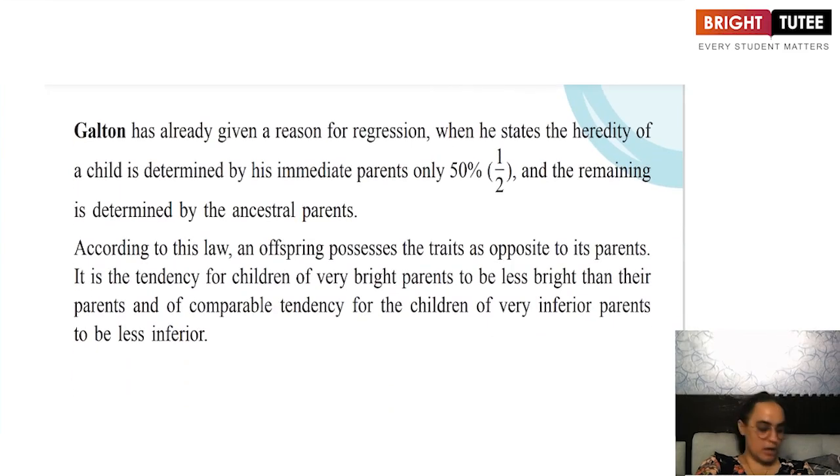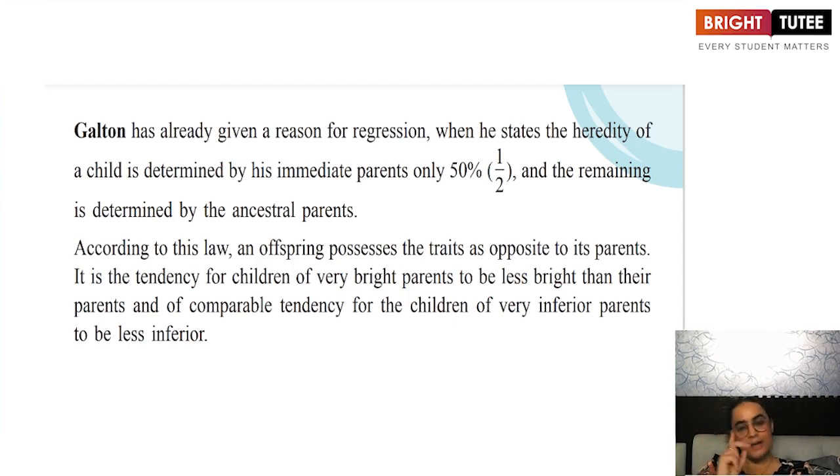According to Galton, another psychologist, the heredity of the child is determined by the immediate parent. So only 50% of what the child derives is dependent on what he has got from the parent, and the remaining 50% is dependent on the ancestors.